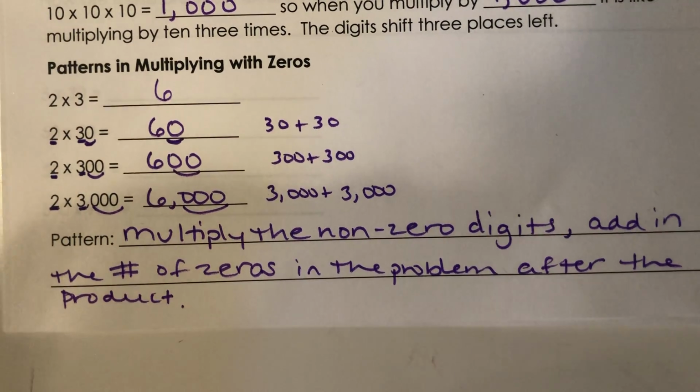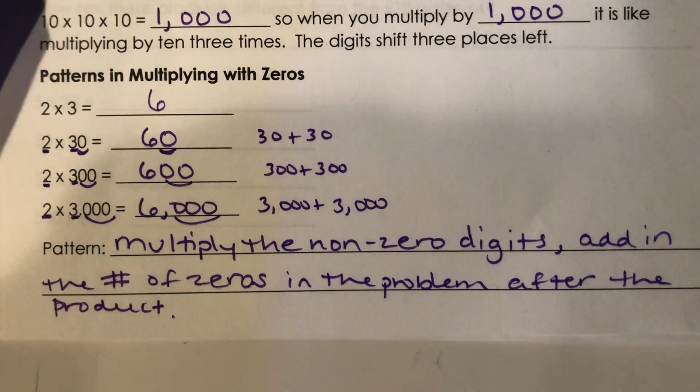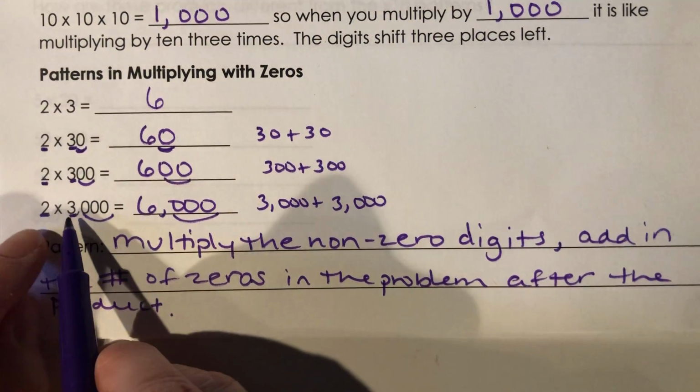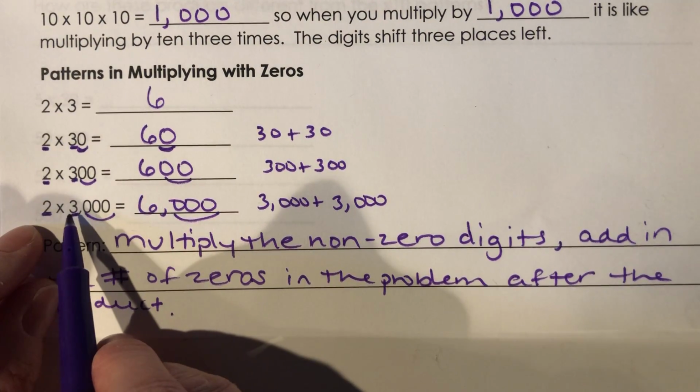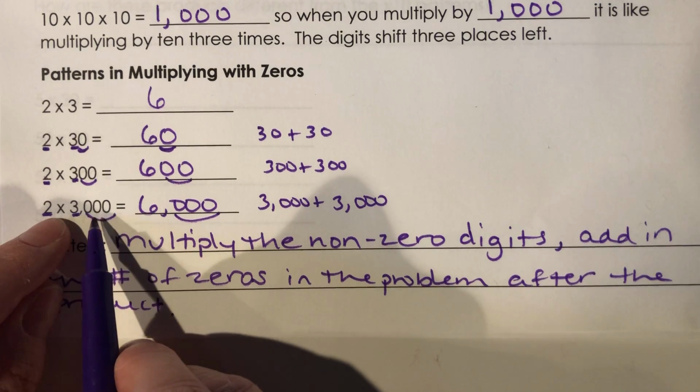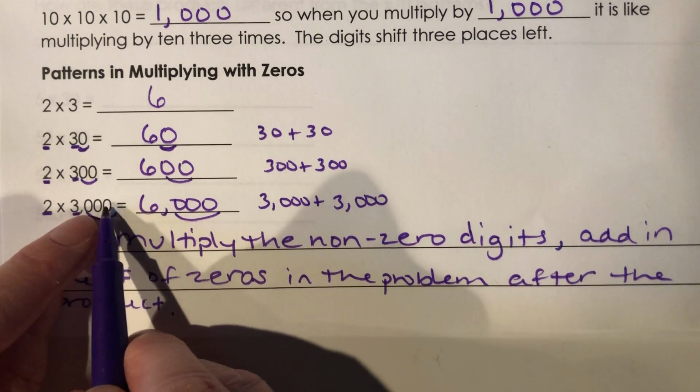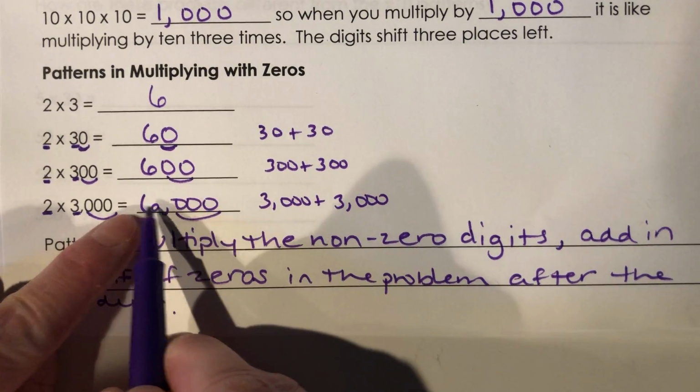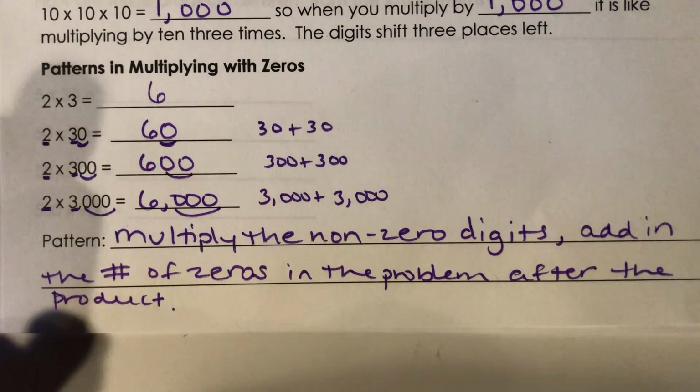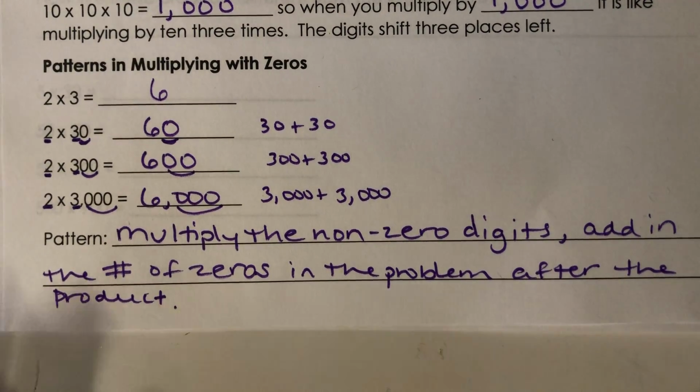That's kind of what's happening here, and that happens when you multiply by multiples of 10. So what I mean is, you multiply the non-zero digits, 2 times 3, and then we look at how many zeros are left over there. 1, 2, 3. There's 3 zeros, so I put 3 zeros after the product I just got when I did 2 times 3.